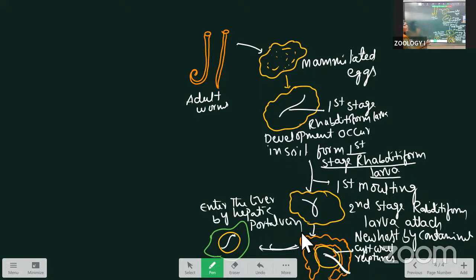From this, they enter inside of the heart.